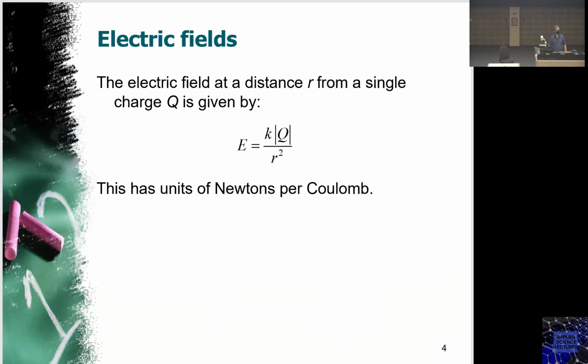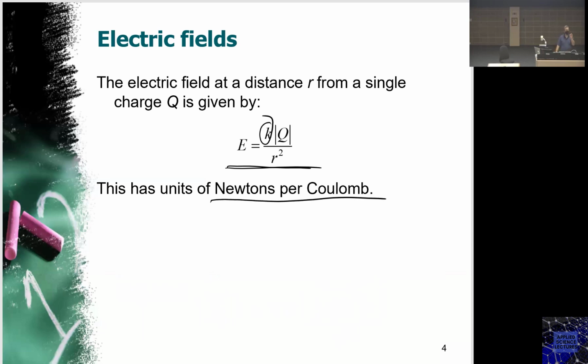So for simplicity, since we're introducing the electric field, I will assume that the point charge that will generate the electric field is a capital Q. The electric field is given by this expression, which is the proportionality constant, K, times the magnitude of this capital Q divided by R squared, which basically has a unit of newtons per coulomb.